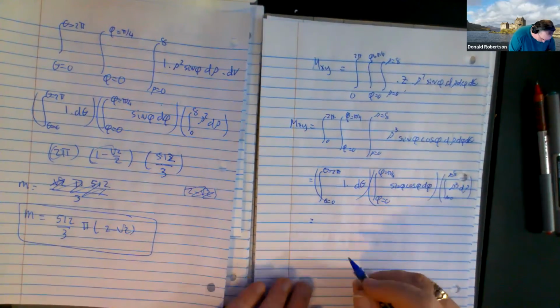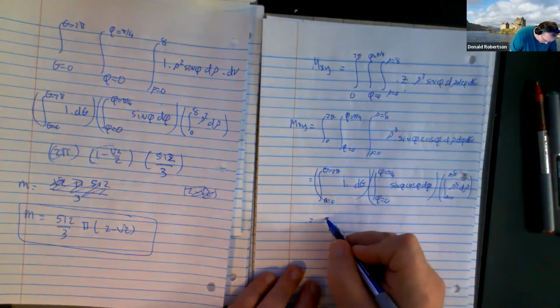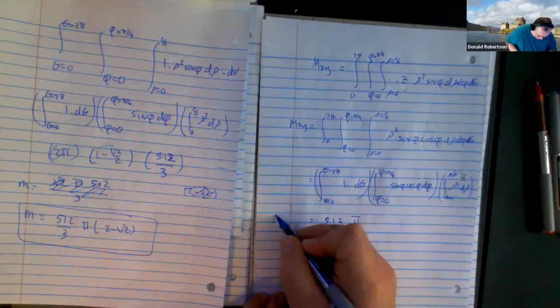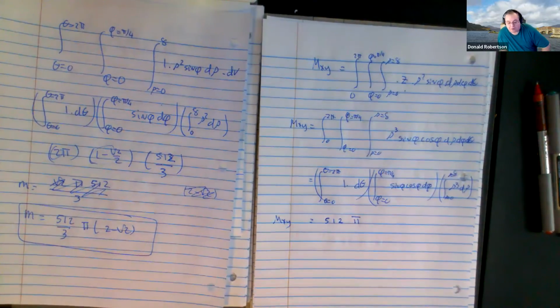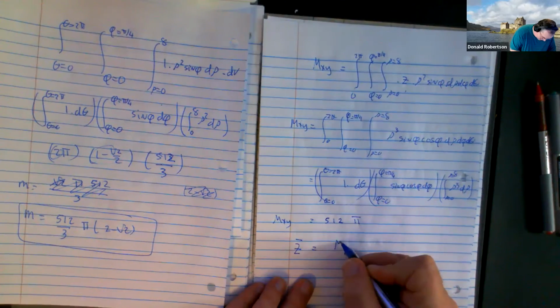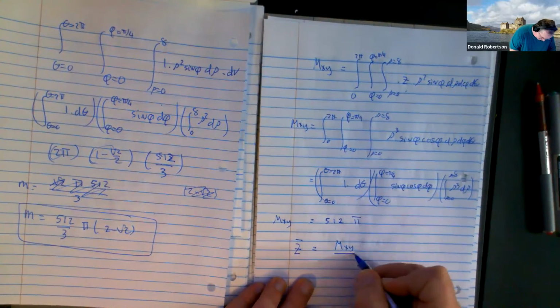And you're going to just trust me here because I don't want to spend too much time. But according to the answer I've got there, you get 512 pi, which means that z bar is the moment xy divided by the mass.